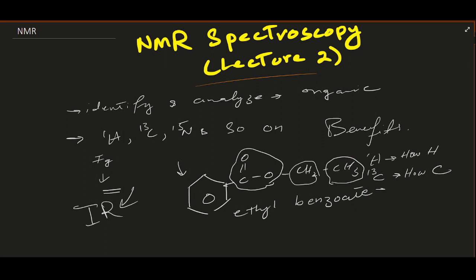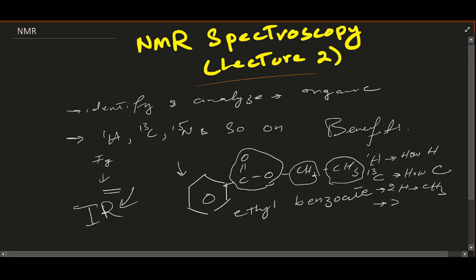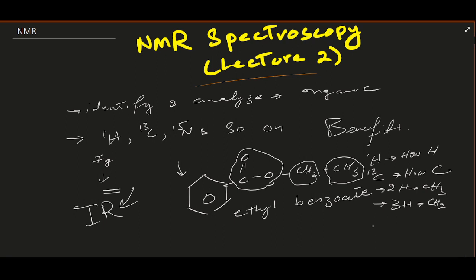Like there are 2 protons in the neighborhood of the CH3 group, and 3 protons in the neighborhood of the CH2 group. We can also identify how many types of carbons there are. In the carbon 13 NMR, we can identify how many different types of carbons there are.